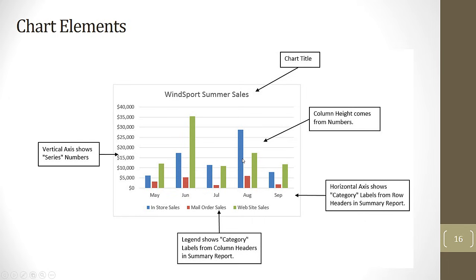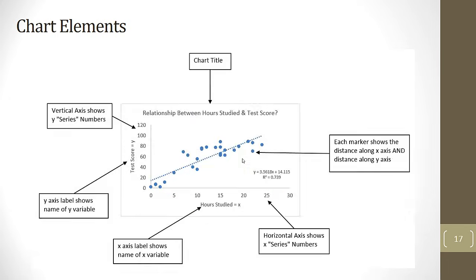Our next example for terminology is from our XY scatter. Now notice here on the vertical axis, it shows our Y series numbers. Over here, this would be our X series numbers. And unlike our column chart, notice right here is a label. We're always going to have to label the Y axis with a label that says exactly what this number is.